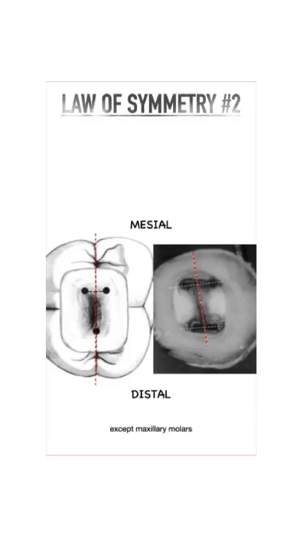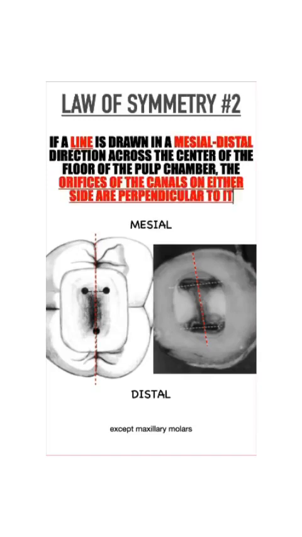The second law of symmetry is, again, if we draw an imaginary line in a mesial distal direction across the center of the floor of the pulp chamber, the orifices of the canals on either side are perpendicular to it.